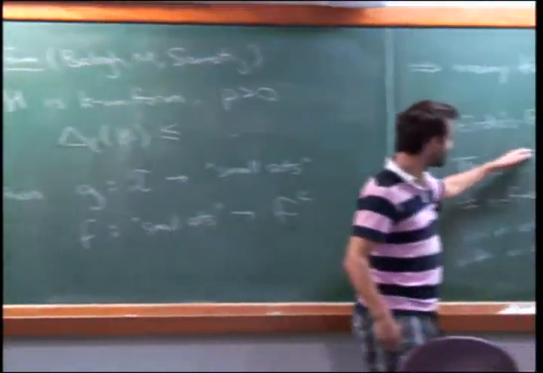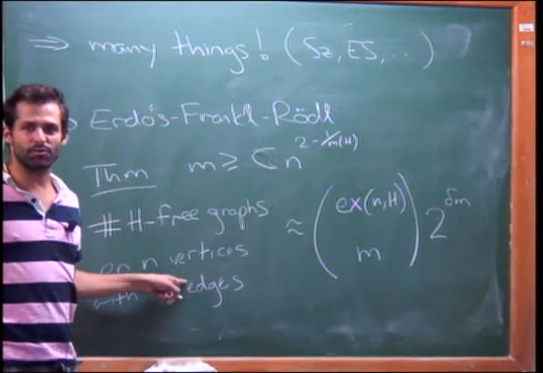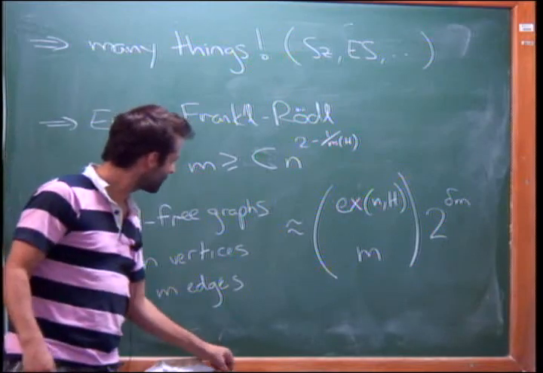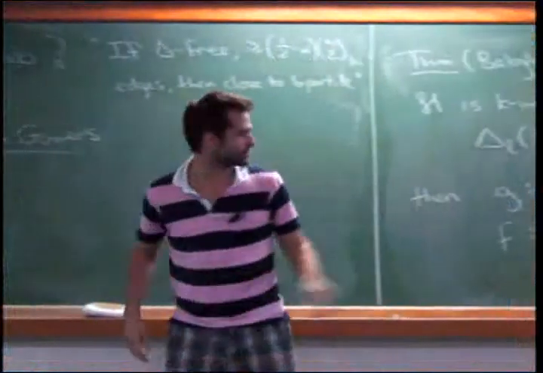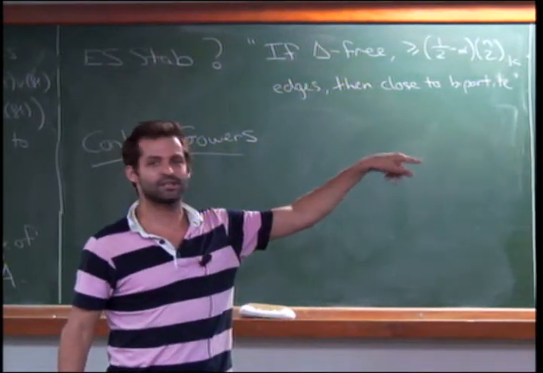So it's the correct thing. Right? So this implies the theorem that we proved the first hour. Because if you just sum over m, then you'll get 2 to the extremal number with a 2 to the delta n squared.